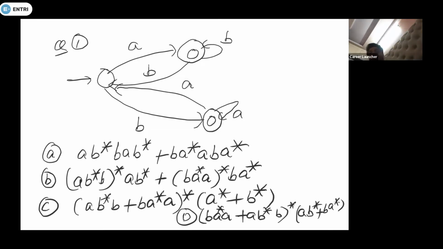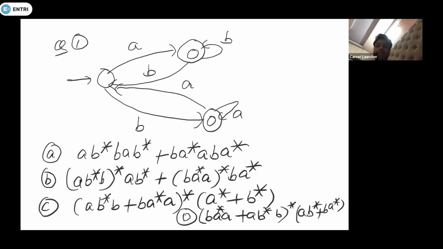So four options are given here. Which of the following regular expressions correctly represents the automata?